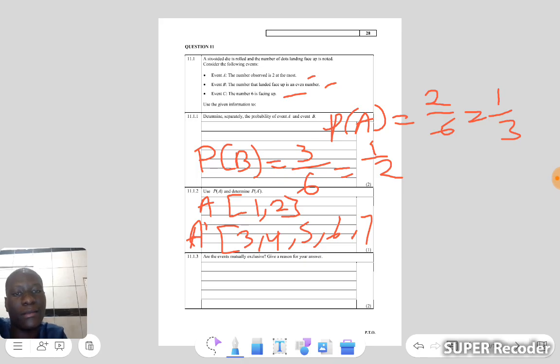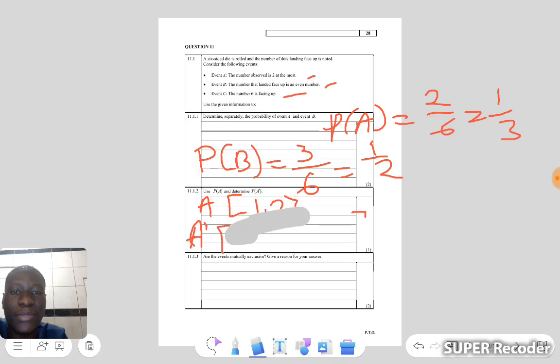Not 7, because the die ends at 6. So outcomes that are in A are 1 and 2, and outcomes that are not in A are 3, 4, 5, 6. That is what they need us to calculate, nothing hectic at all.